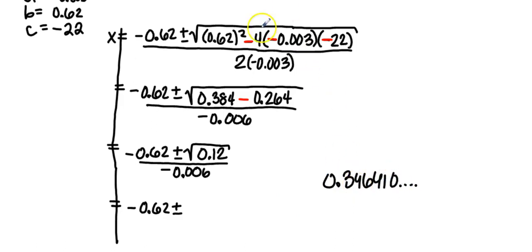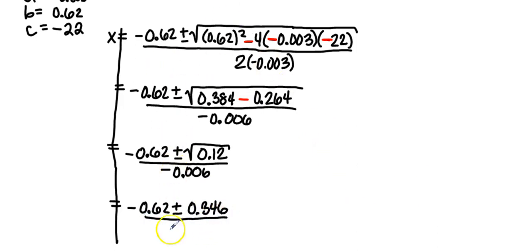If I'm rounding that to 3 decimal places, I'm looking at this digit right here. 4 to the right is less than 5, so it's just going to round to 0.346. And that is all divided by negative 0.006.